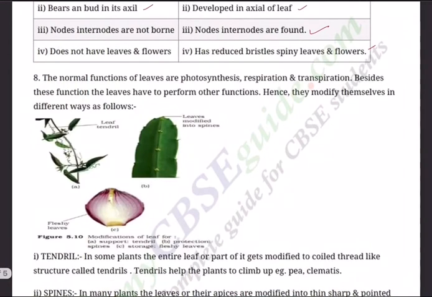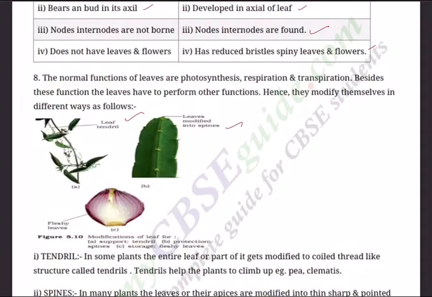Question number 8. The normal functions of leaves are photosynthesis, all of us know that, respiration, transpiration. Besides these functions, the leaves have to perform other functions. So they have to modify. Hence they modify themselves in different ways as follows. Like leaf tendril. This will help the plant to climb. And spines.